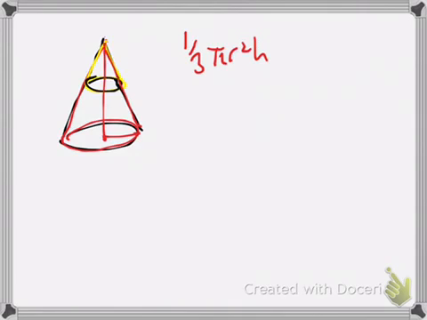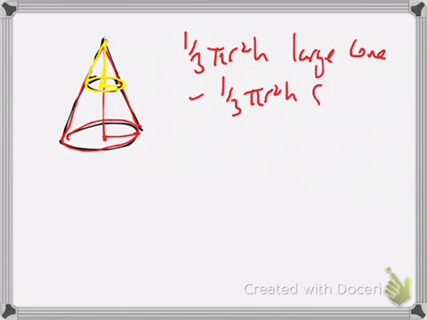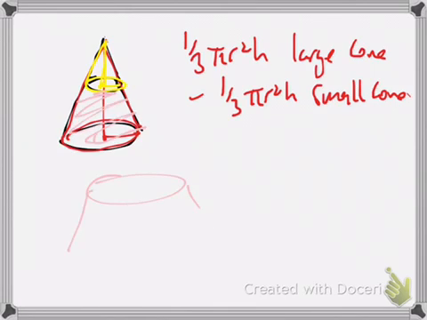So we'd use this radius, and this height, and you just take the two of them away. So a third pi r squared h of the large cone minus a third pi r squared h of the small cone, and that will give you the volume of the frustum, which is just this bit here. Okay, and that's what a frustum looks like. Top cut off it.